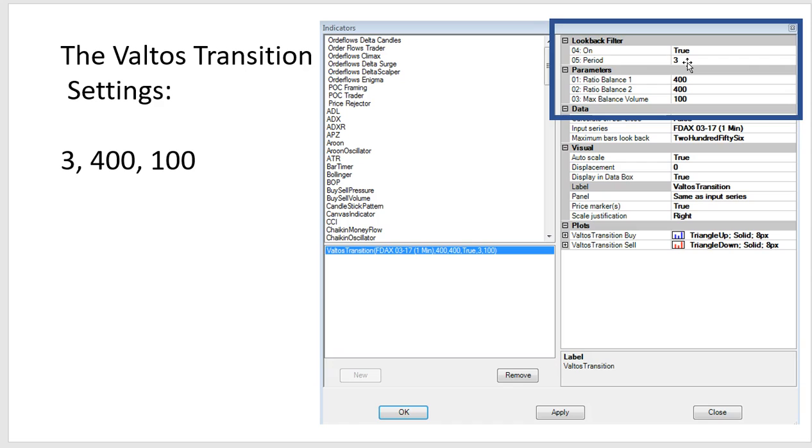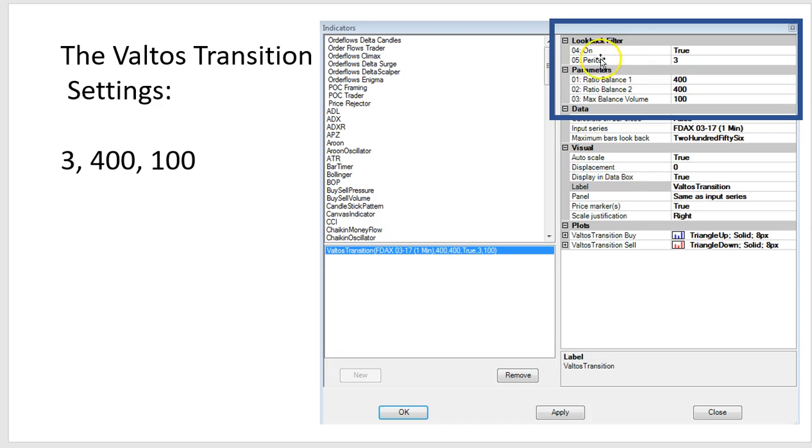That other indicator is the only time I would look back over a wider period, partly to filter out some of the fluctuations in the market. But for this one, 3 is fine. You could try 5. I wouldn't go over 10, but I'm fine with 3 or 5.